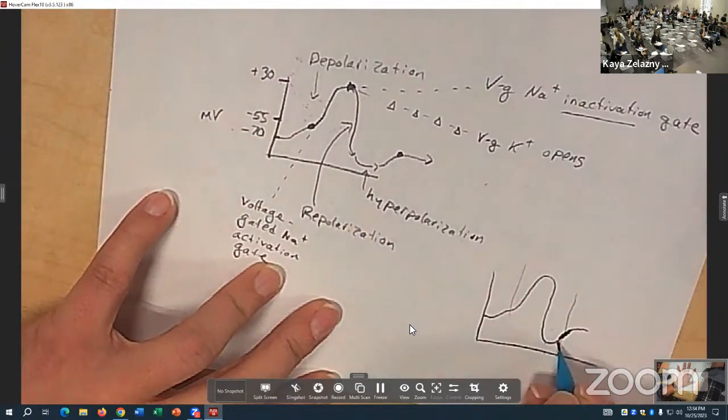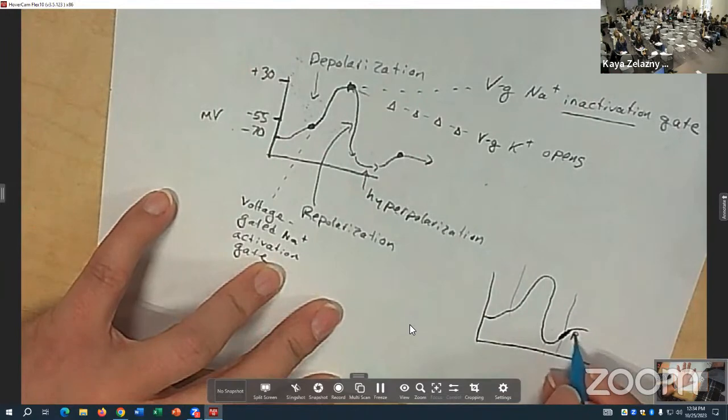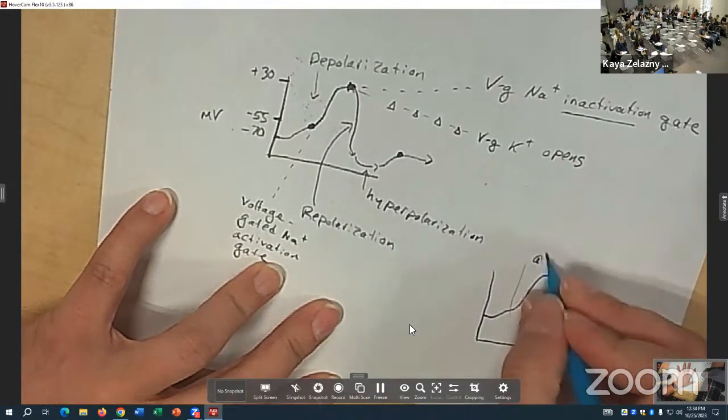So we're a bit low. So we'd have to have a lot more sodium come in to make up for that. So that's the relative refractory period. Because we're probably not going to have another action potential, but if we have a strong enough impulse, we could.